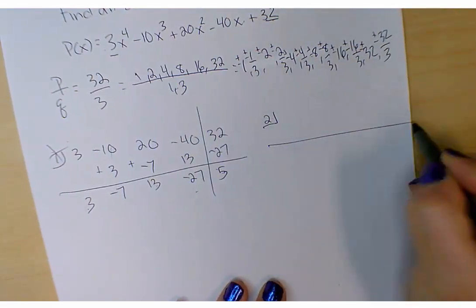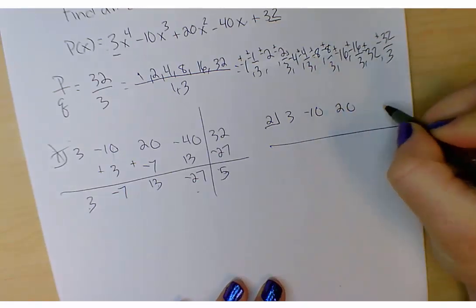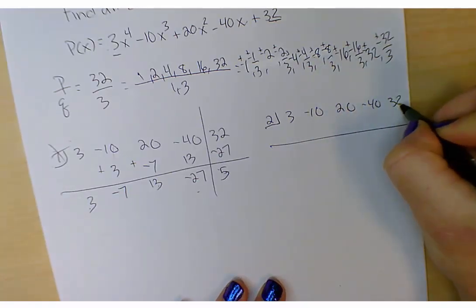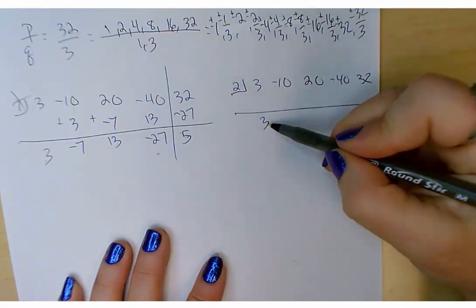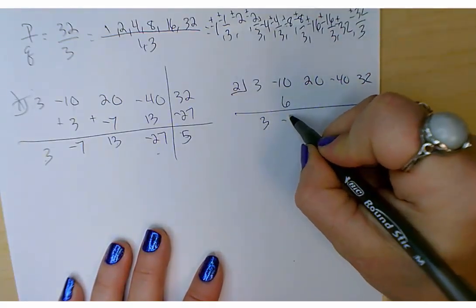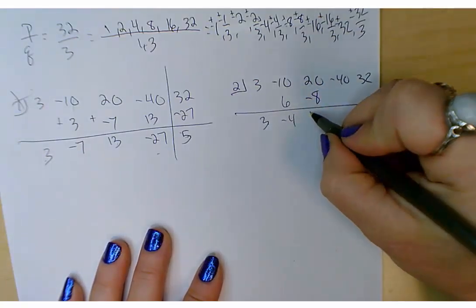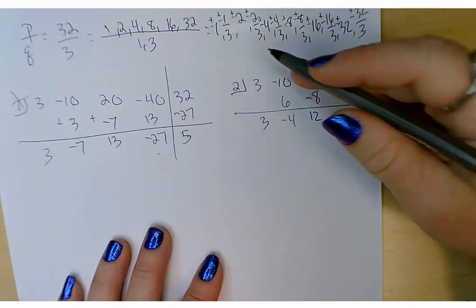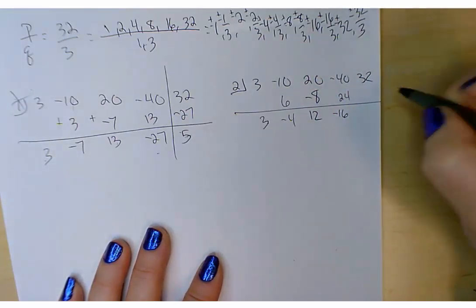Let's try 2. Move over the same numbers, so 3, negative 10, 20, negative 40, and 32. And let's divide again. Drop down to 3. 3 times 2 is 6. When we add, negative 4. When we multiply, negative 8. When we add, 12. When we multiply, 24. When we add, negative 16.